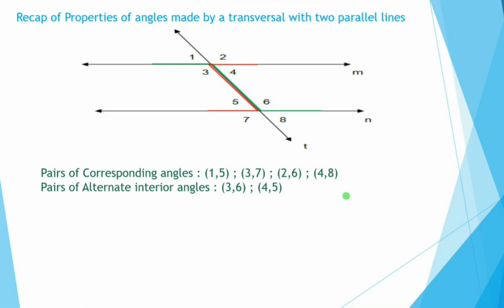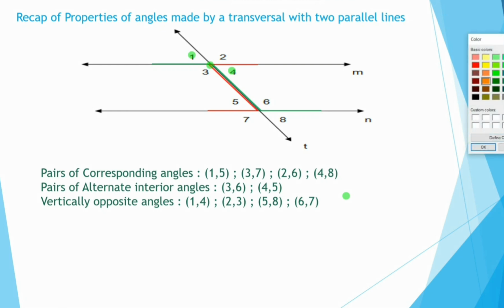The third type is vertically opposite angles. Wherever two lines intersect each other, vertically opposite angles are formed. So here this is the point of intersection. So angle 1 and angle 4 are vertically opposite, and then another pair is angle 2 and angle 3.